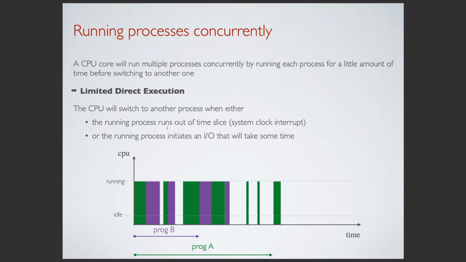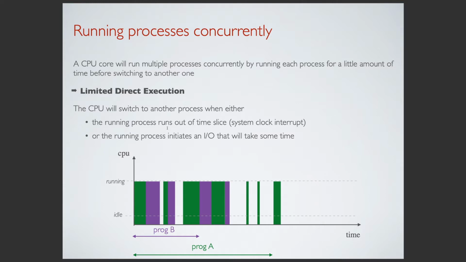We saw last time the idea of running processes concurrently. It's not actually running one process after the other, but more like running multiple processes, seemingly at the same time, by giving a little amount of time to each.